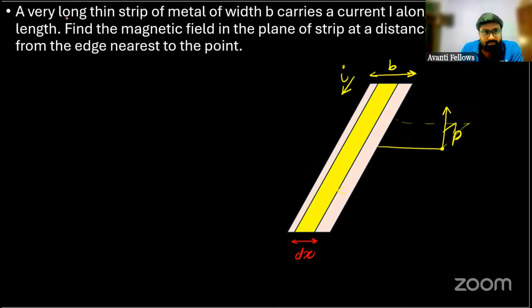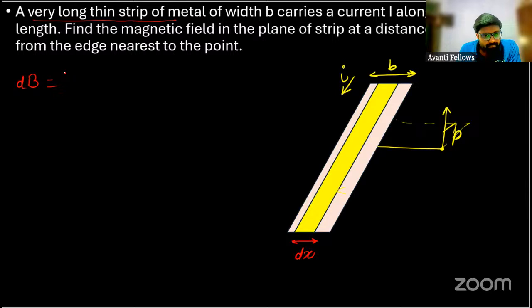अब ये क्या है? Very long है, very long. Pay attention to this keyword. Very long means infinite, infinitely long. And for infinitely long, I have told you the formula of magnetic field is given by dB, very small, क्योंकि strip मेरी बहुत small है.